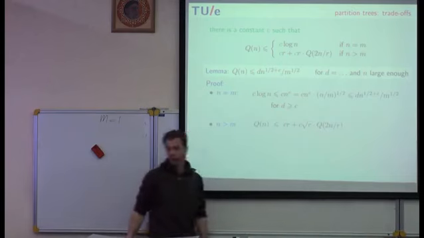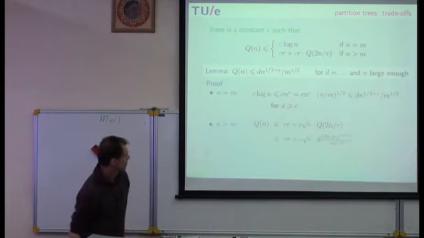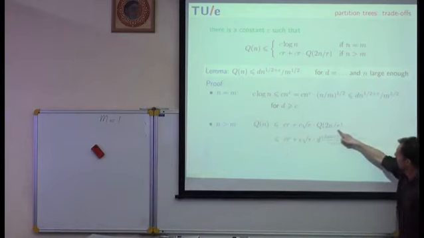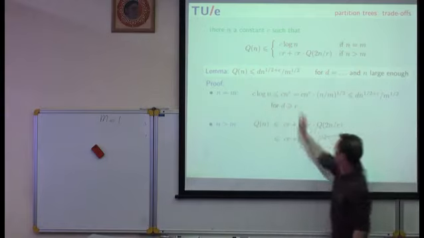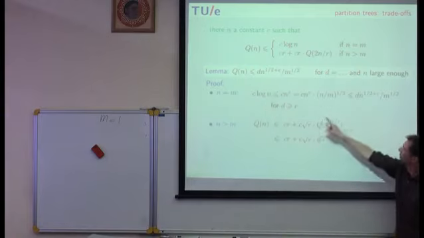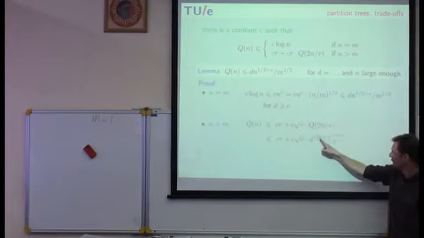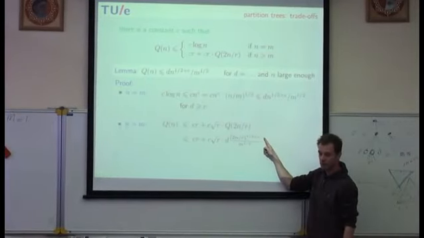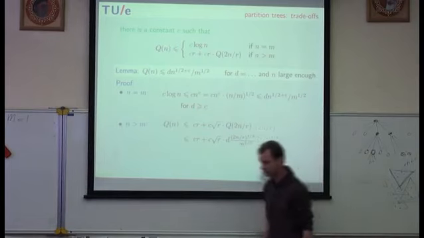For this term, I'm going to plug in my induction hypothesis. My induction hypothesis says that this is at most d times this quantity, but the n here is now this number. So I get 2n divided by r to the 1/2 plus epsilon, divided by m to the 1/2.